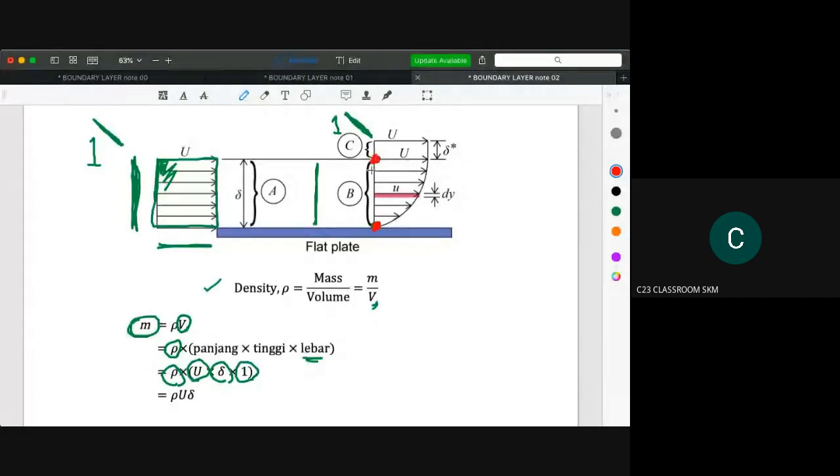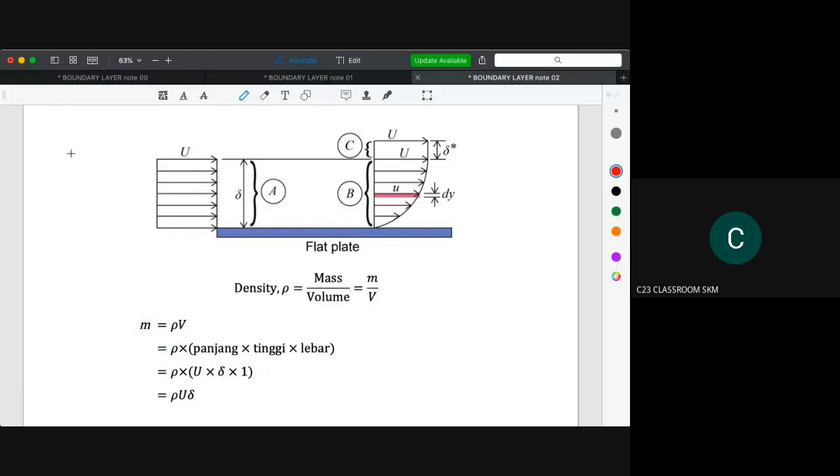So we could assume that the height of this one is actually delta. The important thing you need to remember is how to calculate the value of mass. We just assume that the width is equal to 1, so we could simplify our equation to become rho, velocity, and thickness.